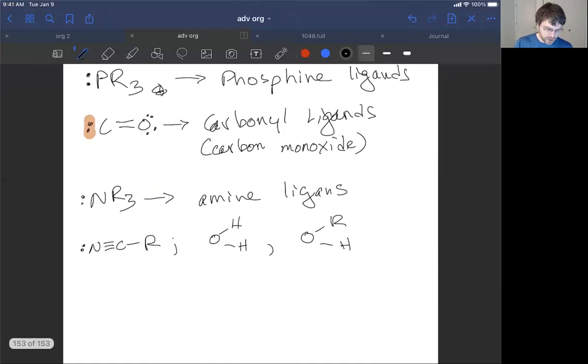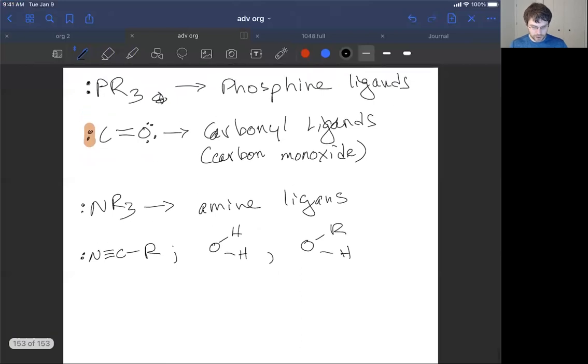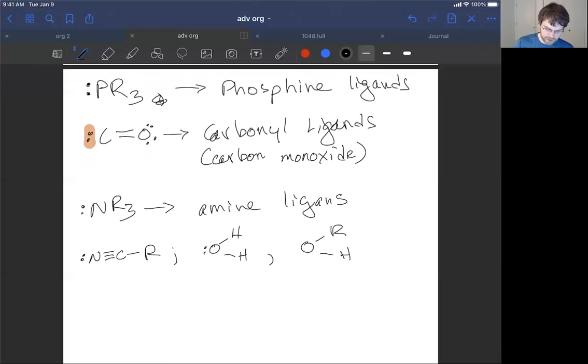So all of these would form adducts where one lone pair of electrons on the oxygens or the nitrogens adducts with the transition metal. We don't consider any formal charges anymore, but we just know that we're providing 2 electrons to the metal complex. So again, Lewis bases provide 2 electrons. These are all examples of them, okay?